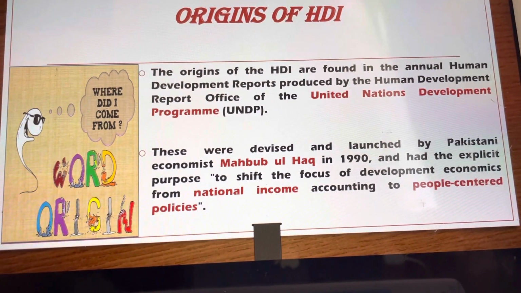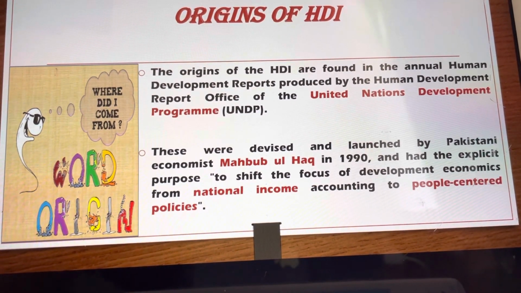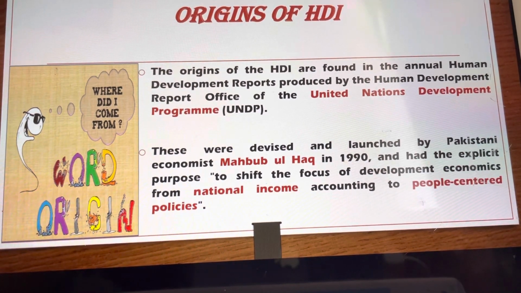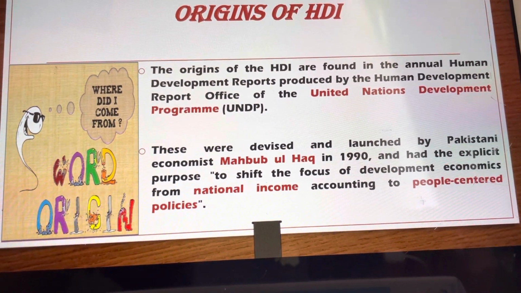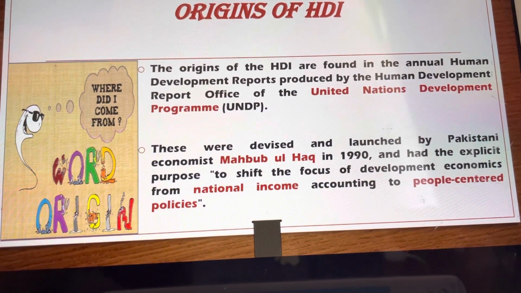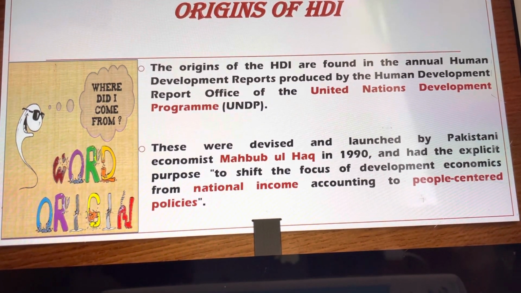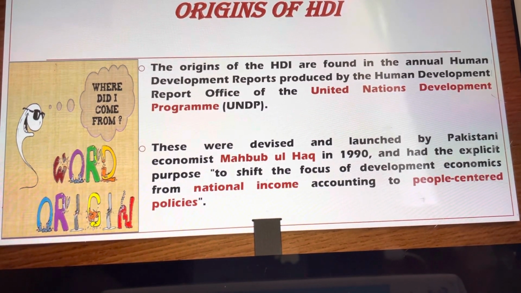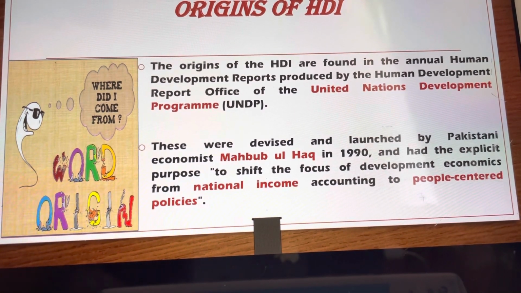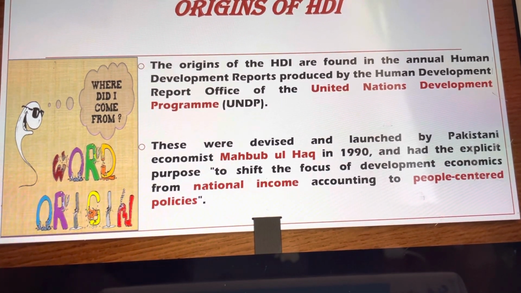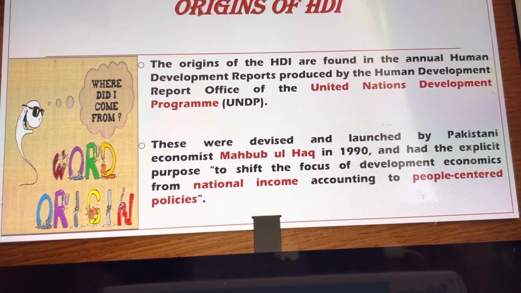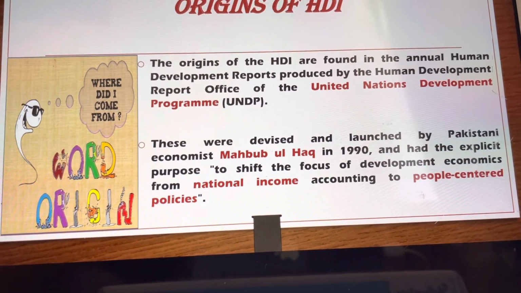Those were devised and launched by Pakistani economist Mahbub ul Haq in the 1990s and had the explicit purpose to shift the focus of development economics from national income accounting to people-centered policy.